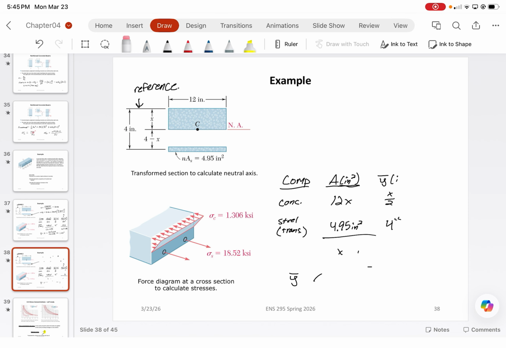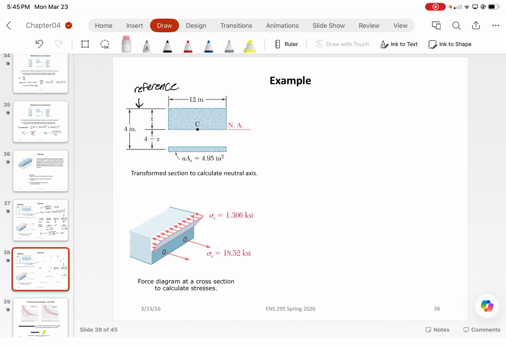With the neutral axis now computed, we can now compute the transformed second moment area of inertia. Now, keep in mind, what material is it that we're dealing with right now? Is it steel or concrete that we've transformed everything into? We've transformed everything to concrete.